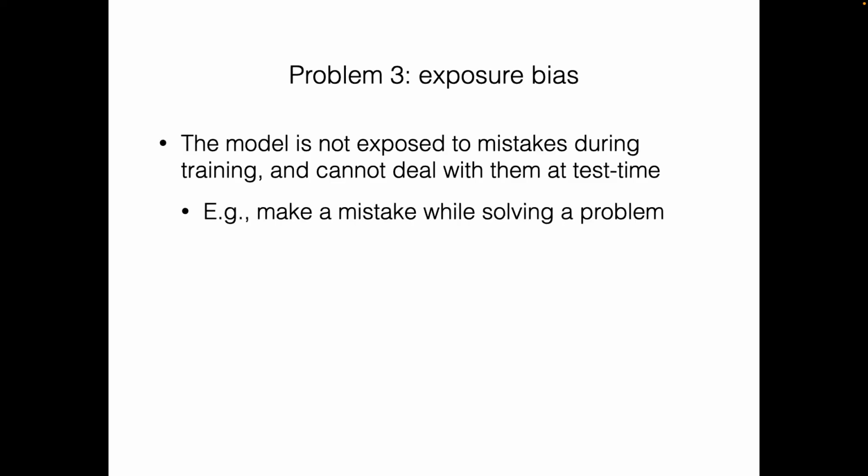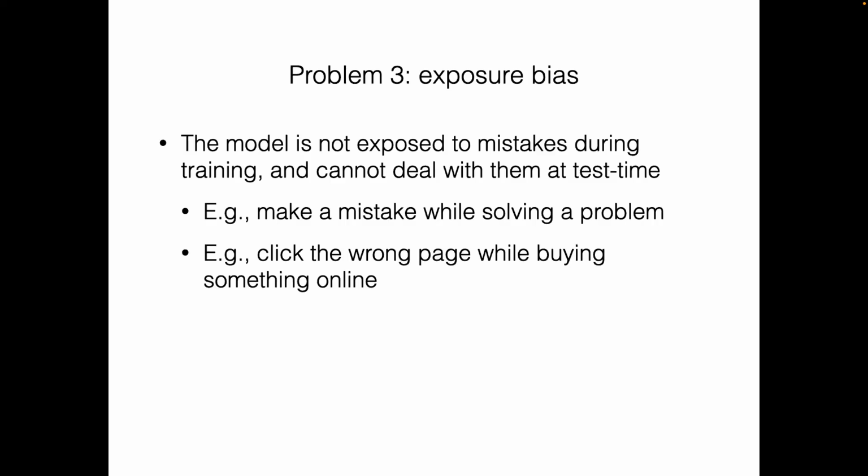So for instance, let's say that we train our model and it solves a problem and then it makes a mistake. Well, then it's never been trained on data that actually shows a mistake. And then you could say, maybe we can collect a lot of that data, but then you get into the issue on the previous slide that it gets harder and harder to collect these more specific types of data.